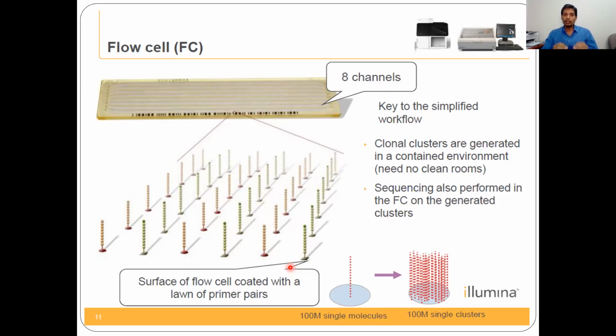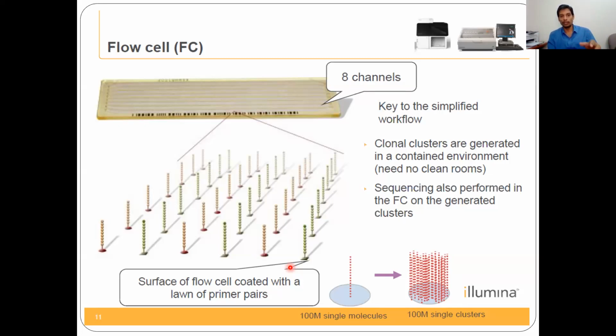So what are these two primers? If you still remember, in the first step we made the DNA into small pieces and we added adapters, one adapter at the 5' end and one adapter at the 3' end. So these two primers are nothing but complementary sequences to these two adapters.